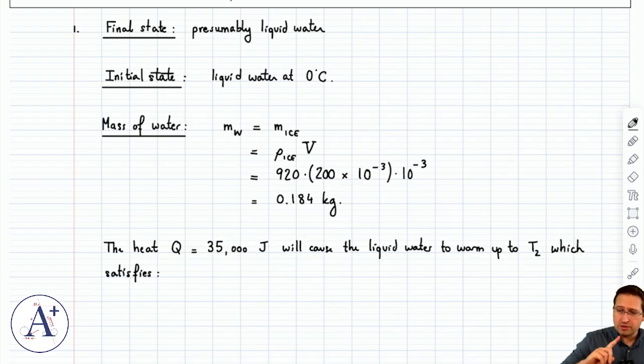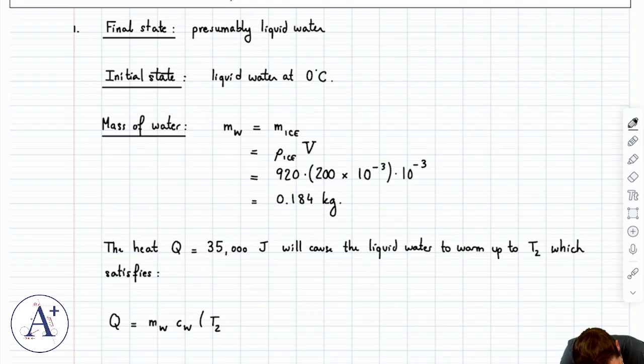Now I'm going to solve for T2. I'm going to assume that we stay liquid water. I'm going to solve for T2, and I'm going to say that Q, the amount of heat, has to be mass of water, specific heat of water, times T2 minus T initial. Okay? Just to be clear, T initial is 0 degrees C.